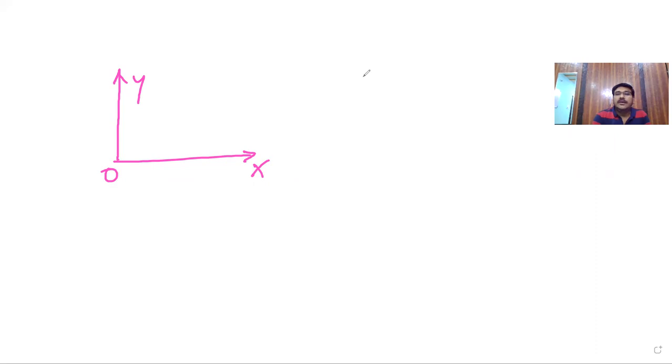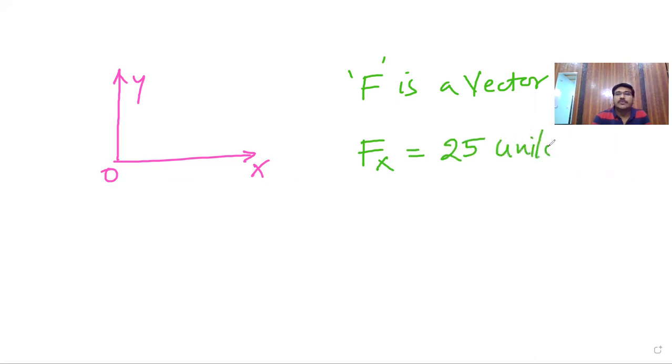Let us say F is a vector, and its component along the x direction, Fx, is 25 units. Similarly, its component along the y direction is 60 units.